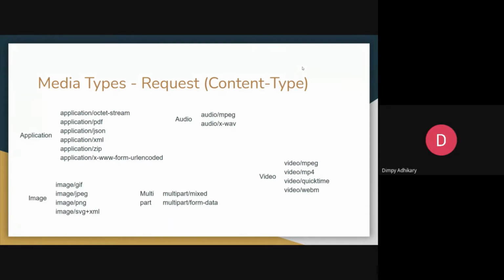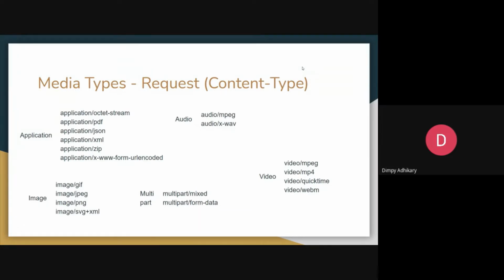Similarly, if you see the other media types like images, we have support for different types of images also. Suppose you are specifically sending a GIF file in your body, you can use image/gif, or JPEG, PNG, SVG, like that.